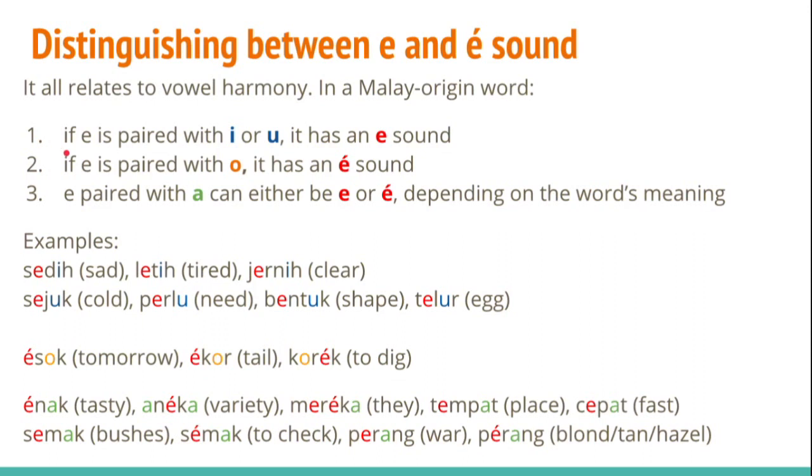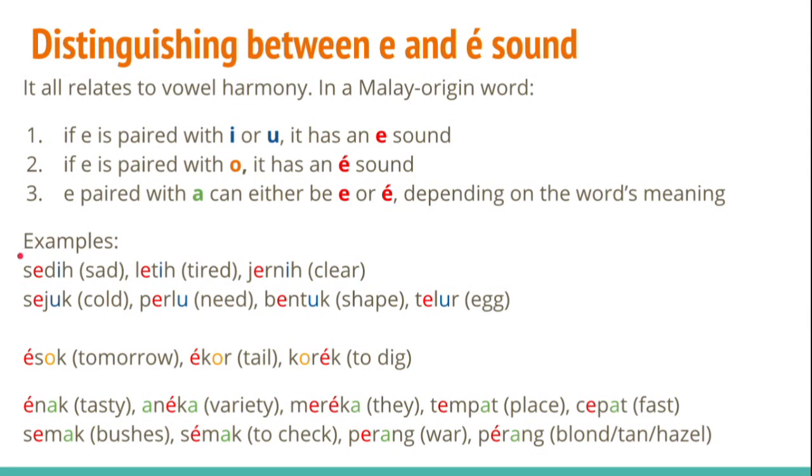The first rule: if E is paired with I or U, it has the first sound. Second rule: if E is paired with an O, it has the second sound. And third, if the letter E is paired with the letter A, it can be either sound, depending on the word's meaning. If you pronounce it differently, it can mean something totally different.